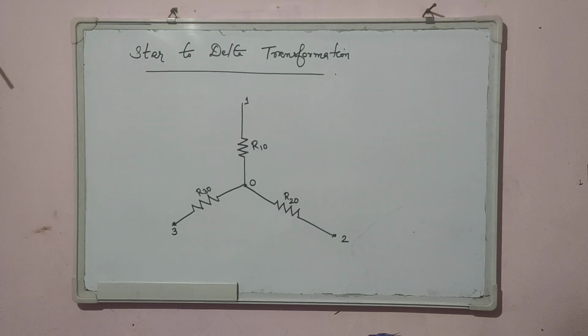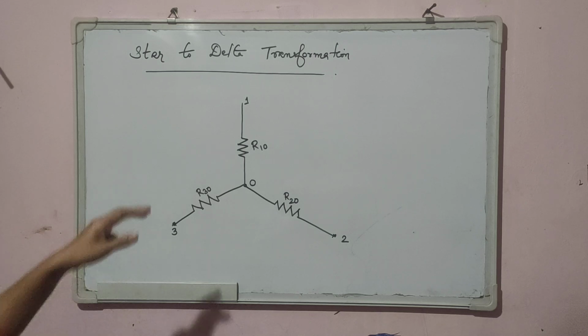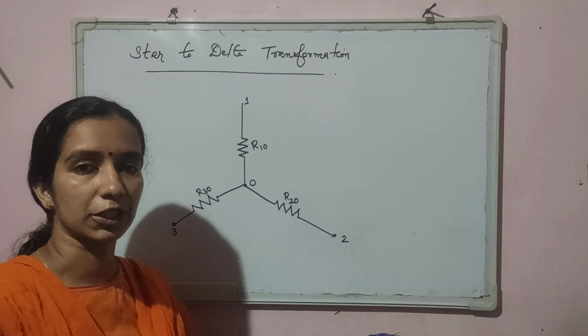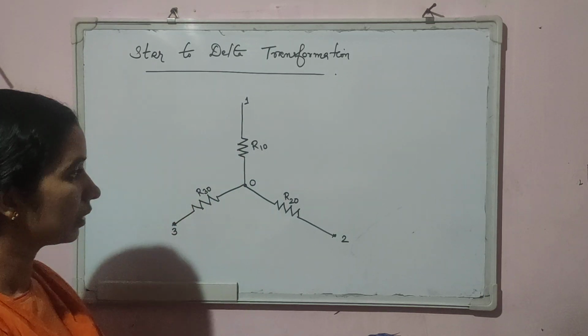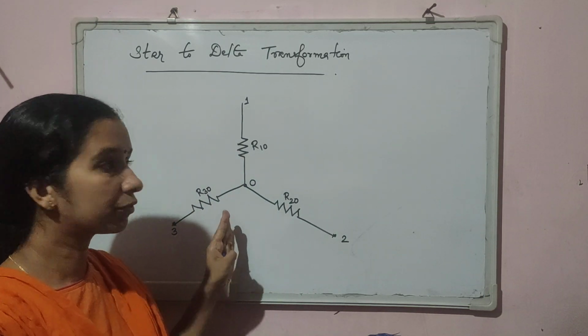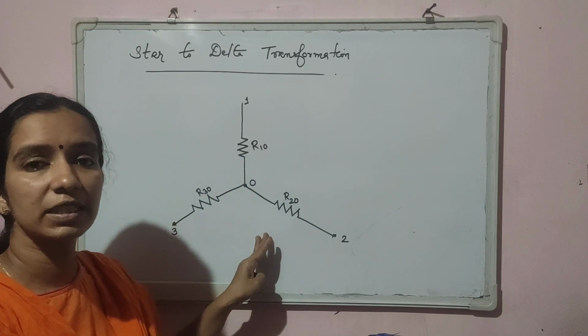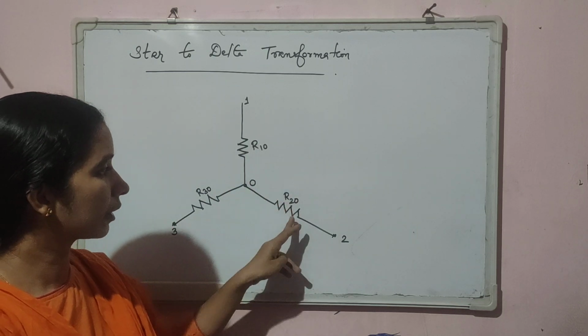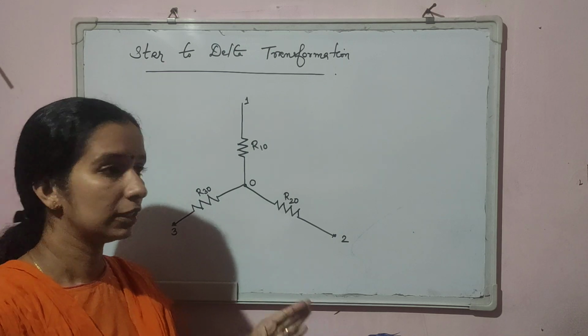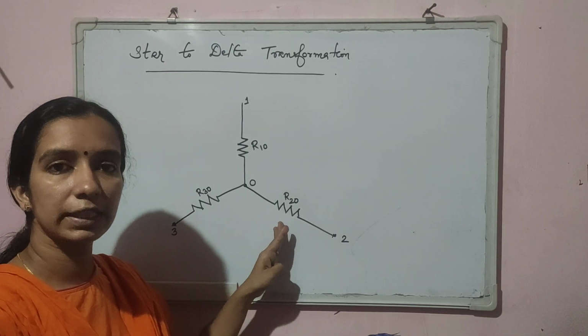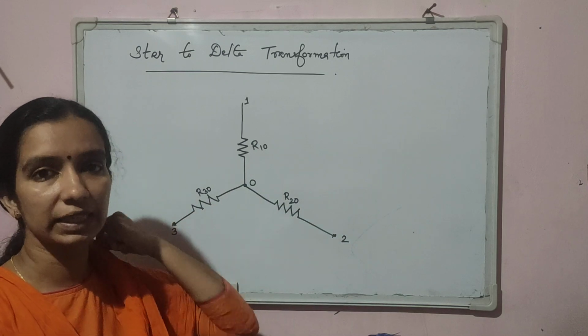So first let us see the transformation from star connection to delta connection. Star to delta transformation. We have a set of three resistors which are connected in star, R10, R20 and R30. We can transform this star connection into an equivalent delta connection.